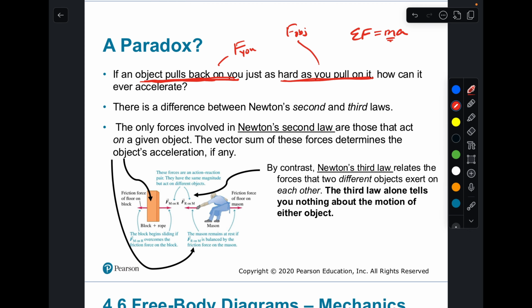So you would not add those two force vectors together because they do not belong to the same thing, right? They have different masses and different other forces acting on them. So you wouldn't add them together. That's the difference between Newton's second and third laws. Newton's second, or even Newton's first law, apply to a particular object. And then Newton's third law relates the forces on two different objects.